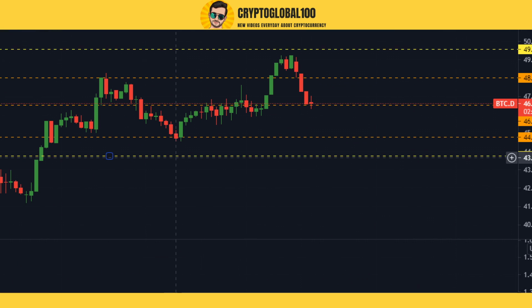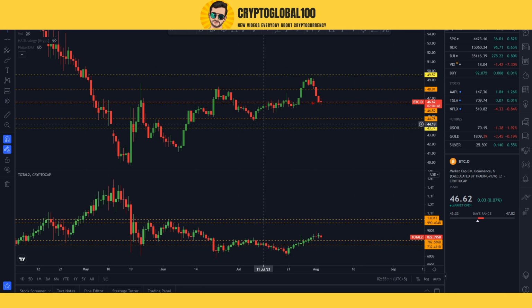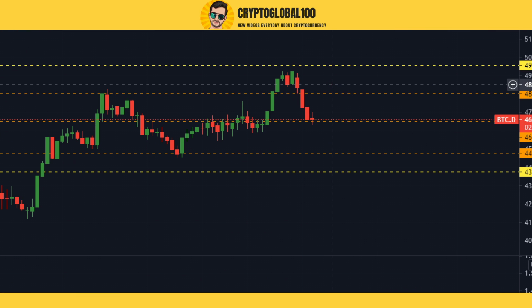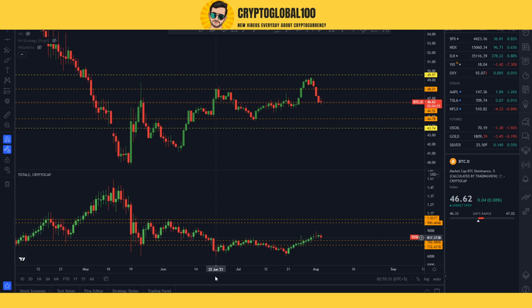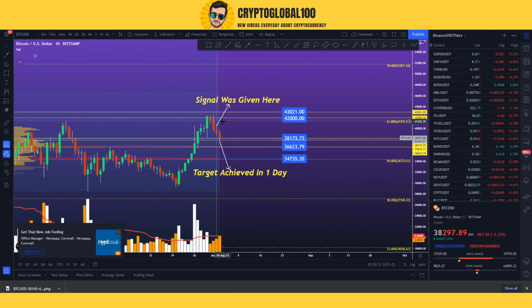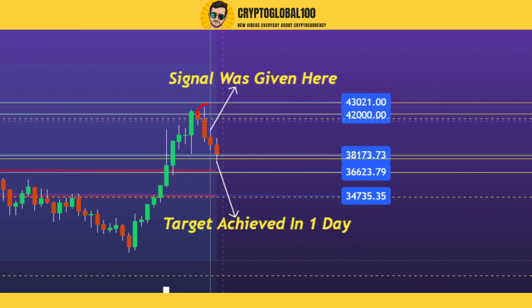First up we have this. I have drawn the levels for the Bitcoin dominance. If we watch closely, this is the area of support for the Bitcoin dominance. If you follow the pattern of this dominance chart, what do you see? A similar pattern.